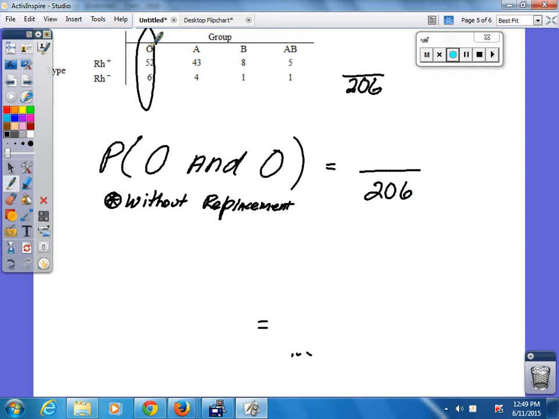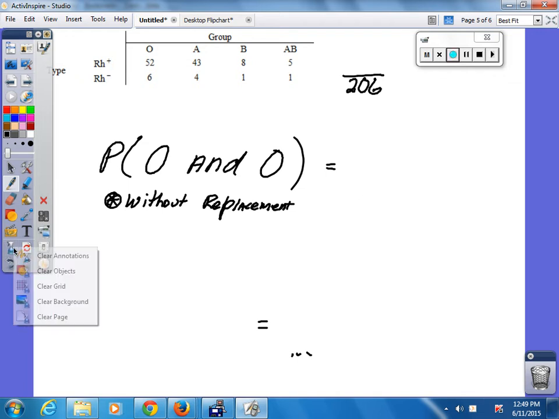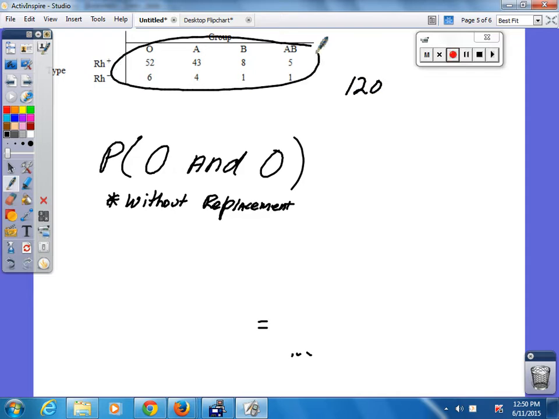That's 120. I'm sorry. I keep thinking I got a problem in my head somewhere. I keep thinking 206. I said that at the beginning of the problem, didn't I? What is it? 120. I'm sorry, 120. Thank you. All this is equal to 120. So that's our denominator.